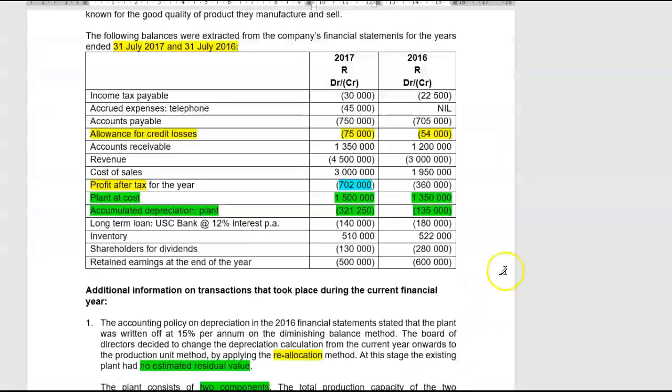Our opening balance was 22,500. Somewhere income tax payable, 22,500. Closing balance was 30,000 rand.